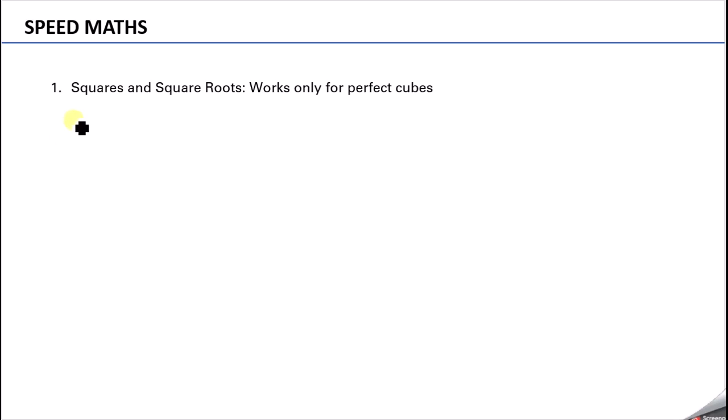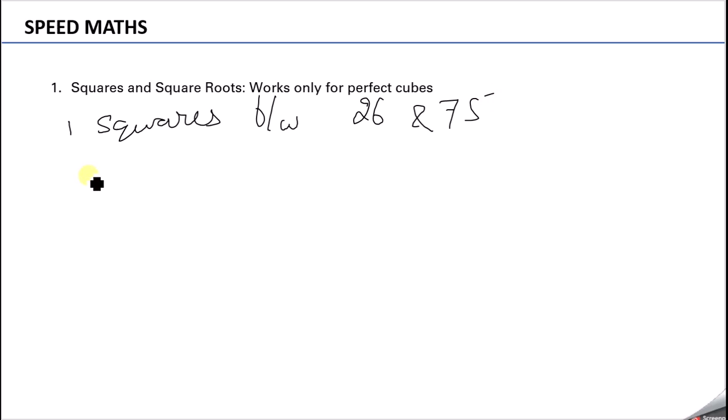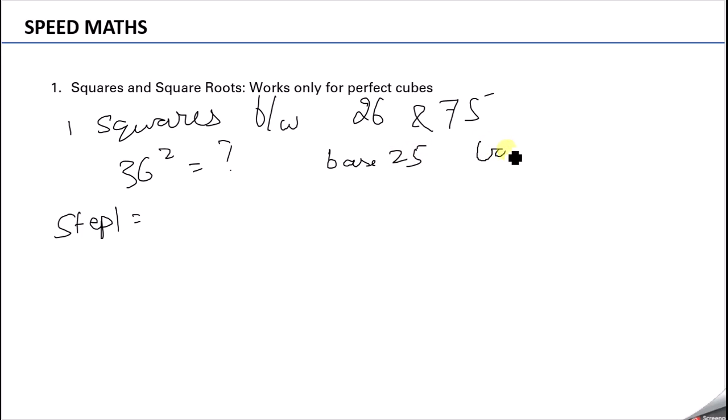The first one is for squares between 26 and 75. Let's take an example to find the square of 36. You have two bases over here, base 25 and base 50.